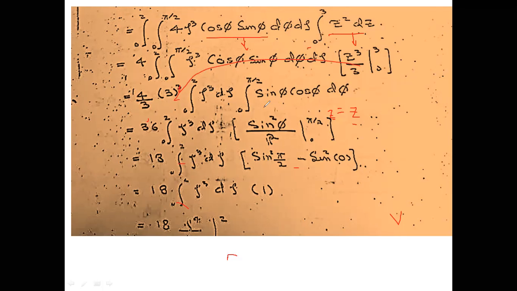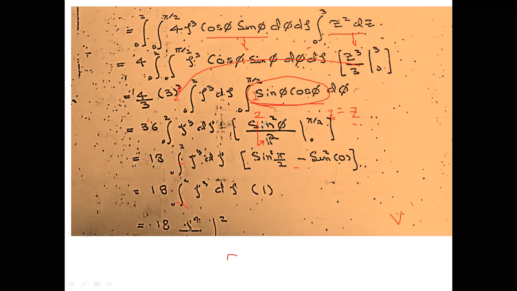Now it's time for solving this. As we know, 2 cos theta sin theta is equal to sine 2 theta, but now we have a deficiency of 2, so in order to introduce the 2 over here, we have to divide by 2 as well. So this is replaced by sine square phi, and the 2 was there, which we have divided for fulfilling the deficiency.